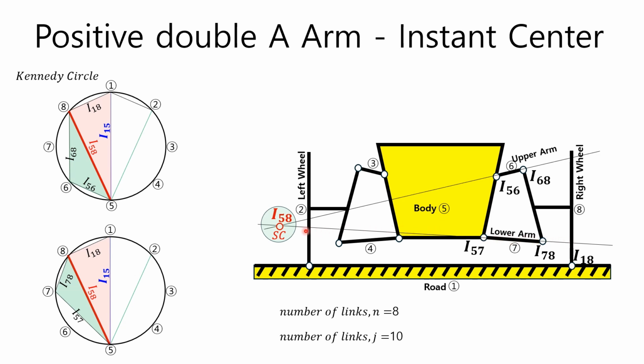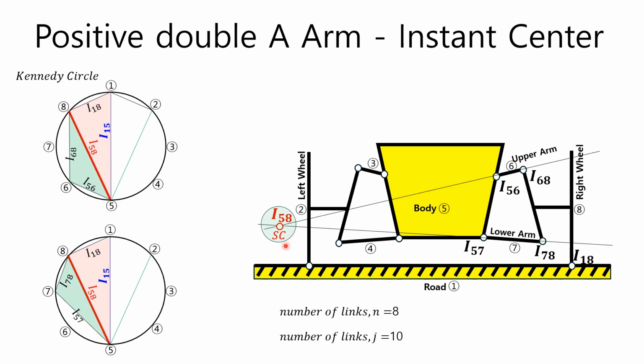Therefore, the point where the line connecting the instant center I56 and the instant center I68, which we found earlier, intersects the line connecting the instant center I57 and the instant center I78, which we just found, is the instant center I58, which satisfies Kennedy's theorem, and is the first swing center that we are looking for.